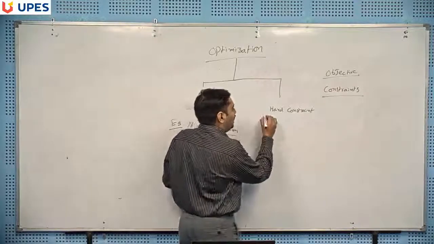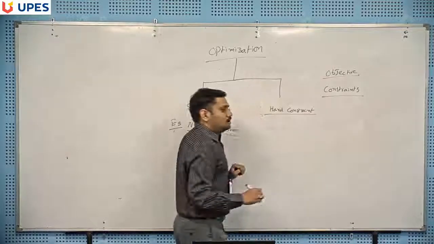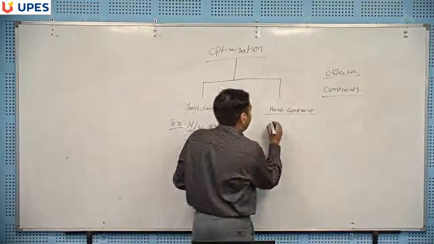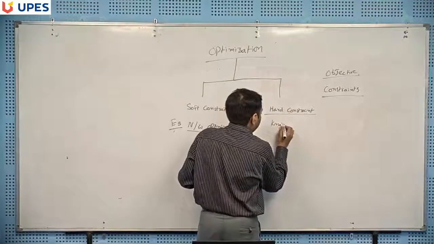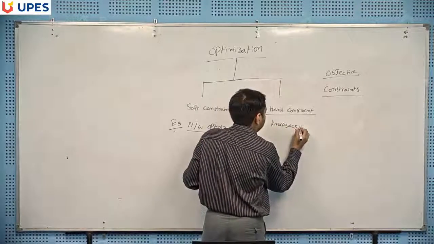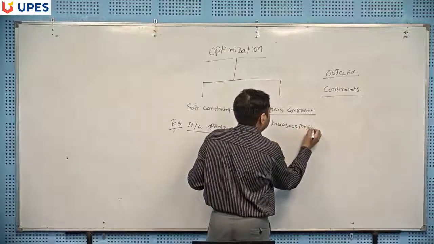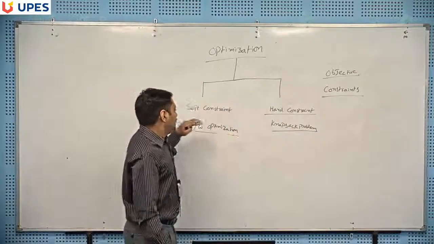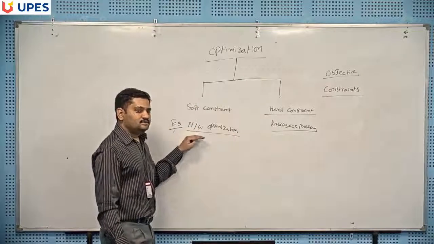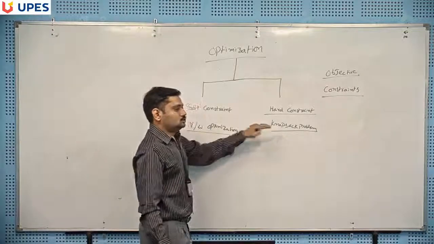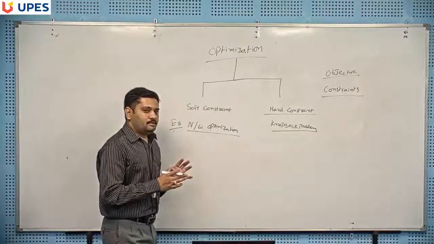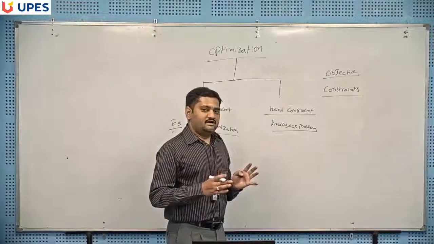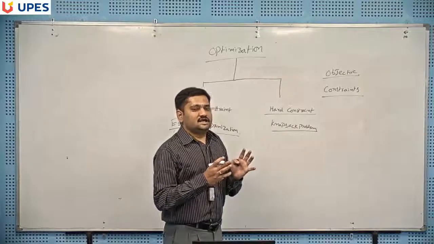When we talk about hard constraint problems, the classical example is the knapsack problem. We know the network optimization problem as well as the knapsack problem. In the network optimization problem, we need to find the shortest route in the given network with the lowest energy cost.